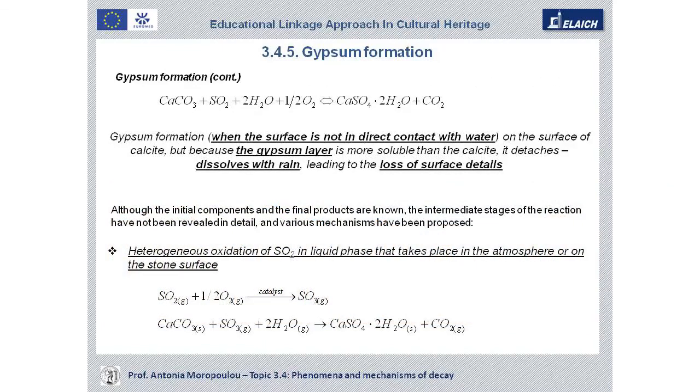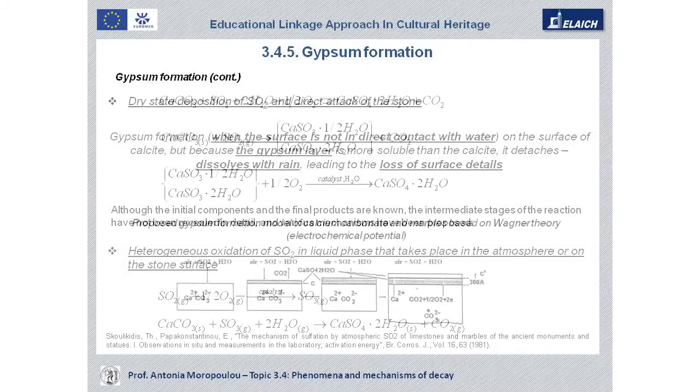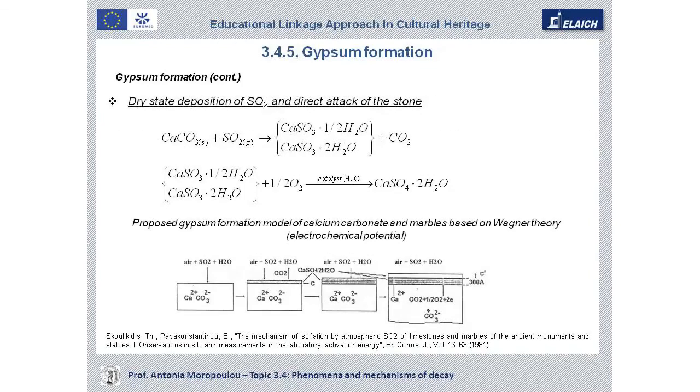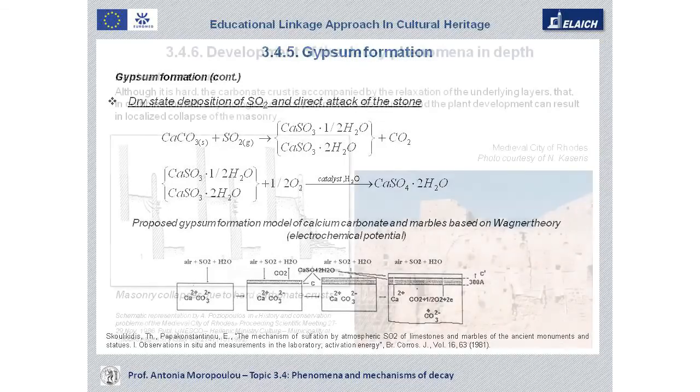Gypsum formation, of course, according to the mechanism which is studied by Professor Skoulikidis, is a phenomenon that might occur even in dry conditions. It might occur in a way that more or less an electrochemical potential is developed on the marble surface, and the phenomenon is feasible even without water.